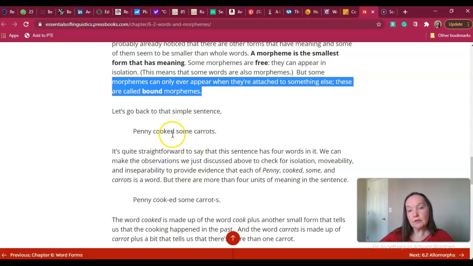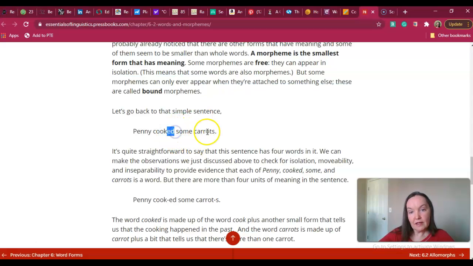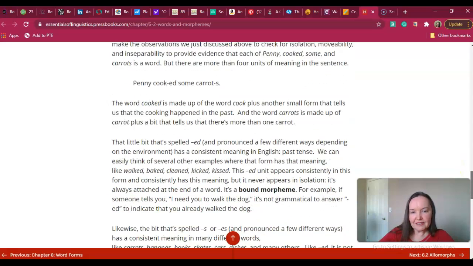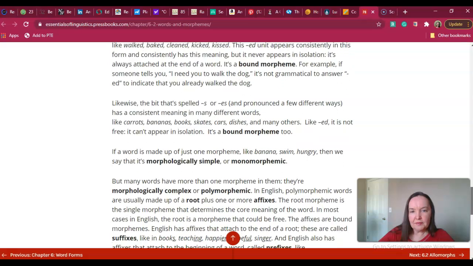And that's what we're looking at with the ed ending and the S ending. These cannot exist unless they're attached to something else. That's where they get their meaning from. So that's our first examples of bound morphemes. Let's take a look at some other examples here.